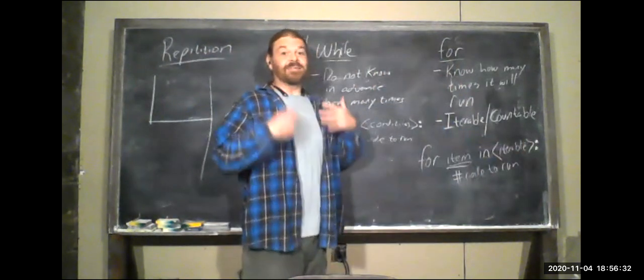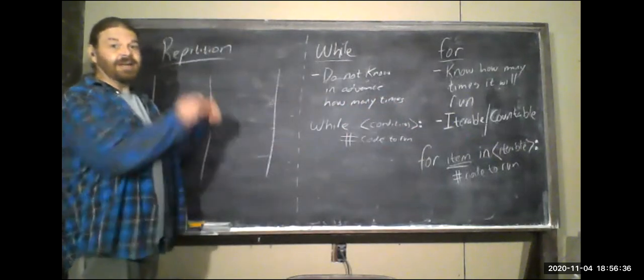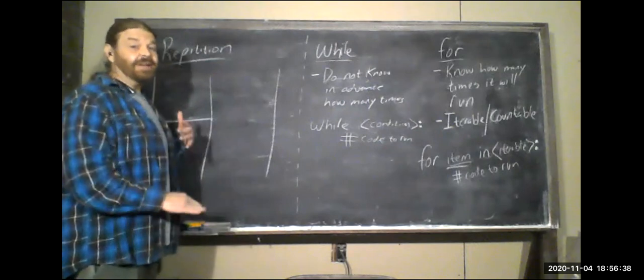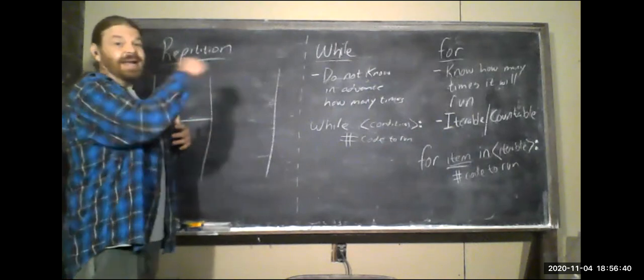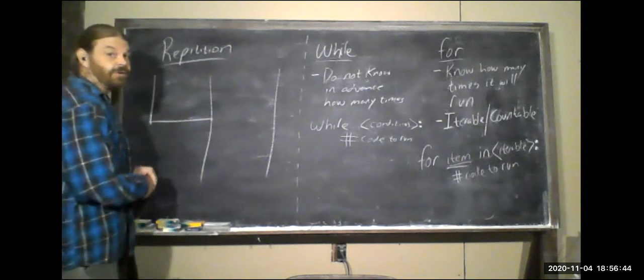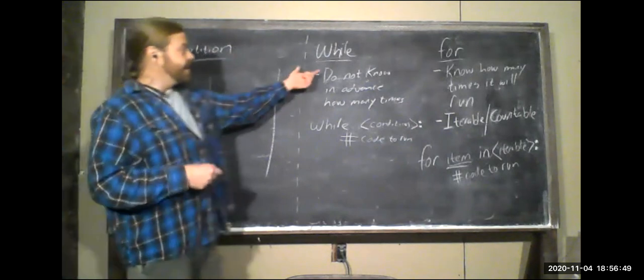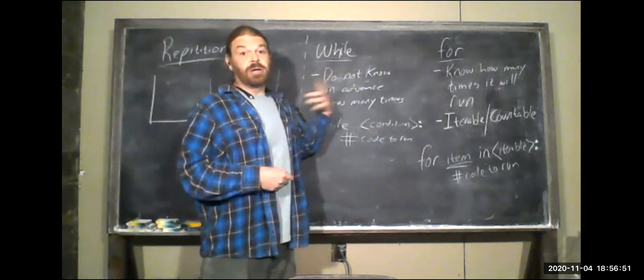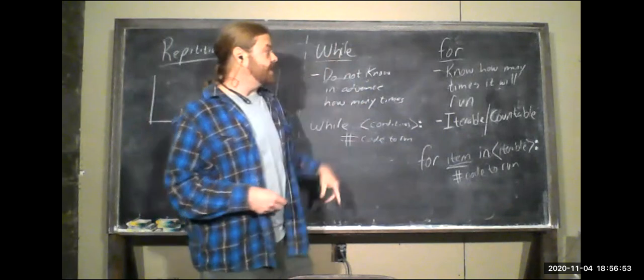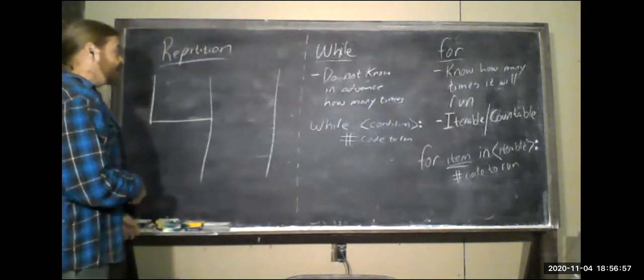That's something that has a definite start and a definite end, like a file. When we read a file, there's a definite first line and a definite last line. So we can iterate through all of those without doing math on the numbers. But in general, if you don't know how many times it's going to run, it depends on the calculations, it's a while loop. And if you know how many times it needs to happen, that's a for loop.